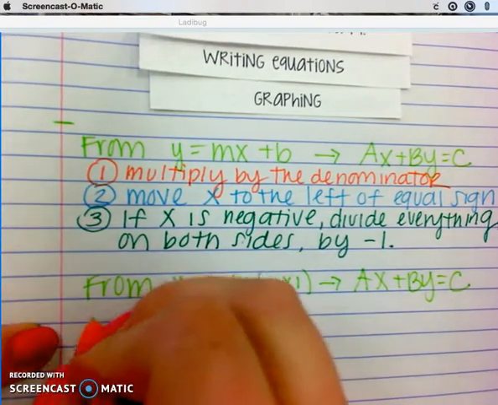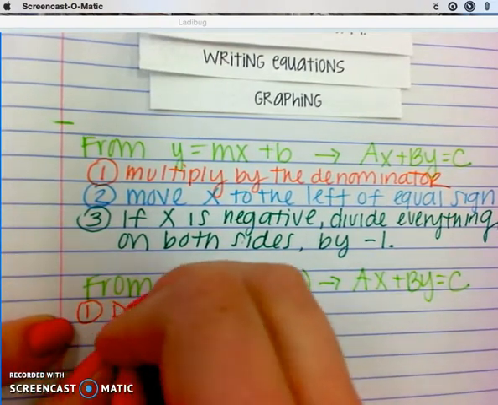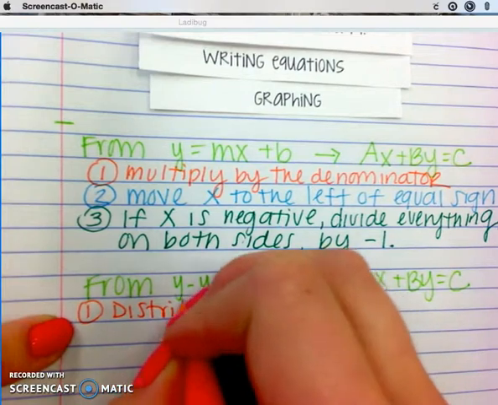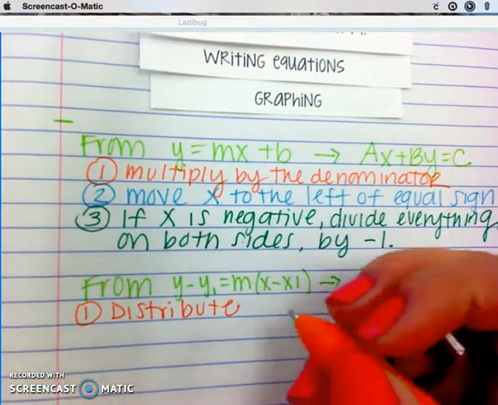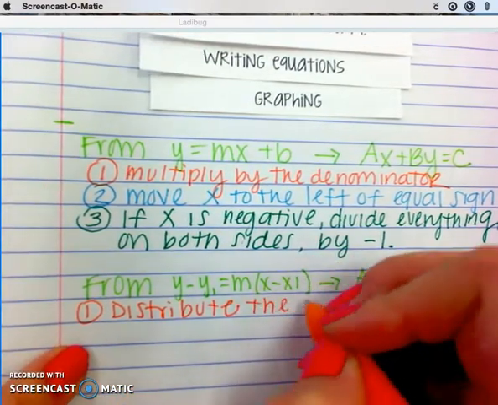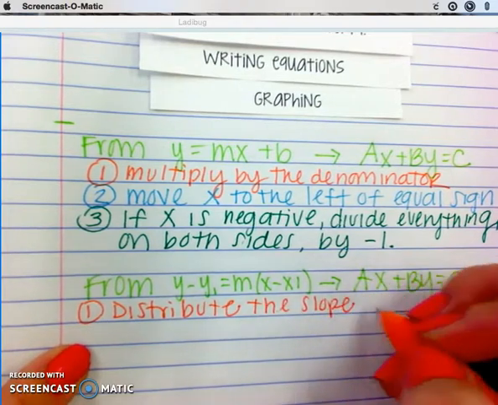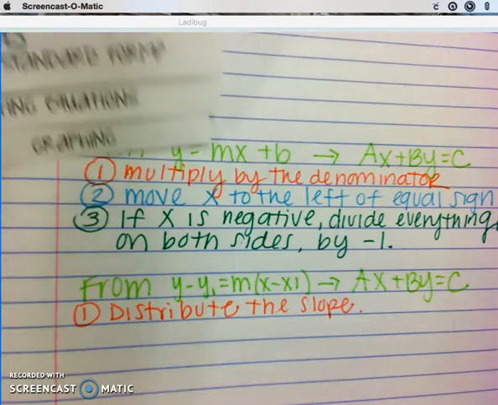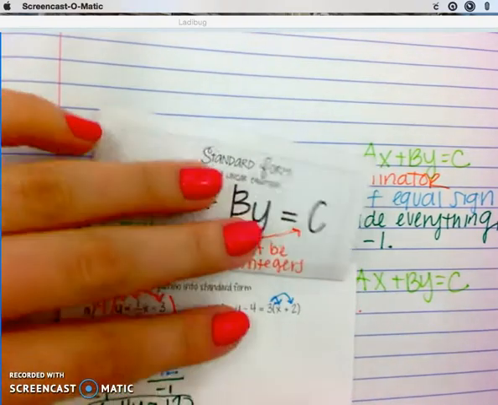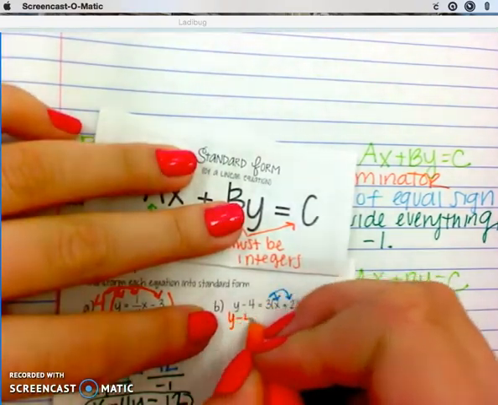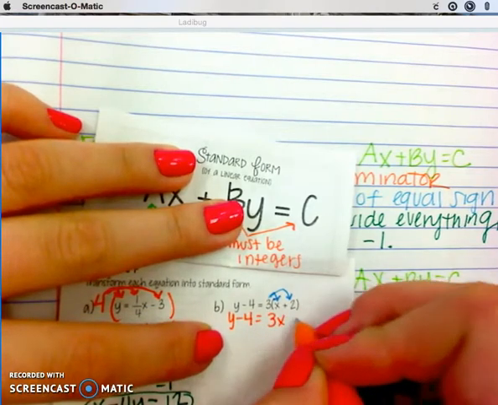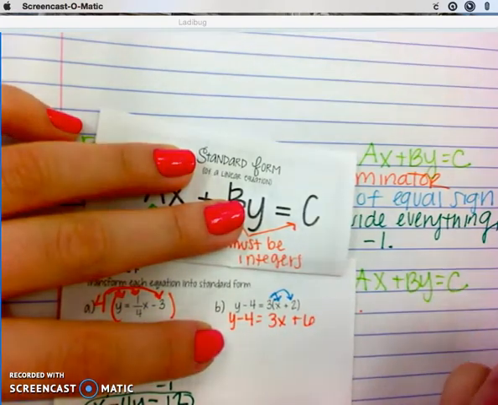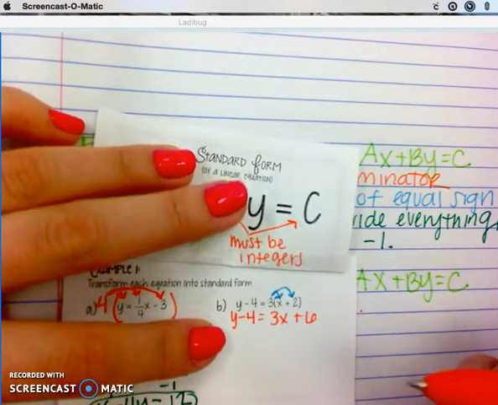So the first thing we did, distribute the slope. And let's look at that. Distributing the slope, y minus 4 equals 3x plus 6. Good.